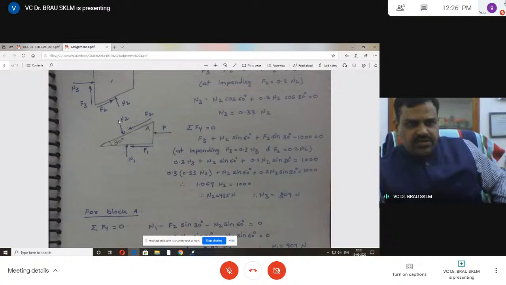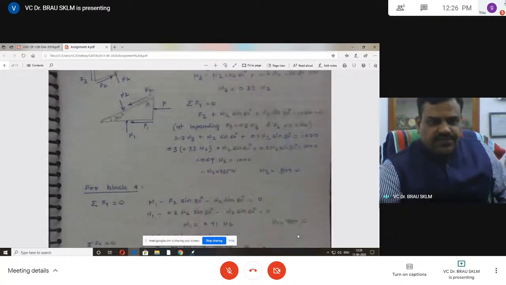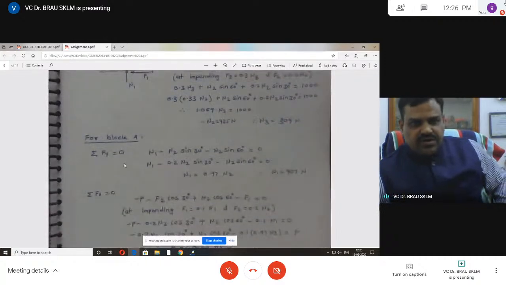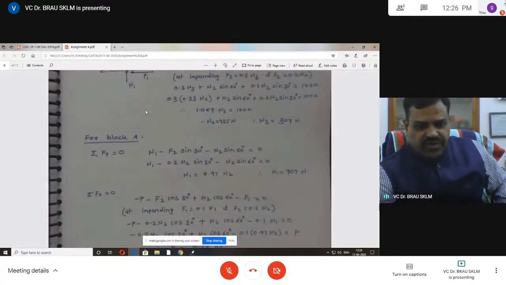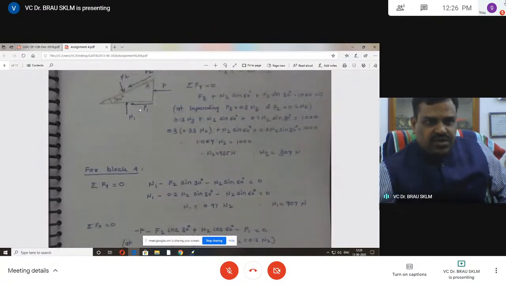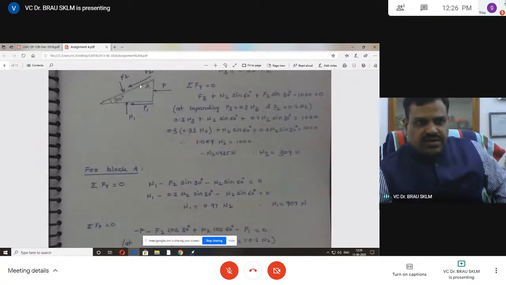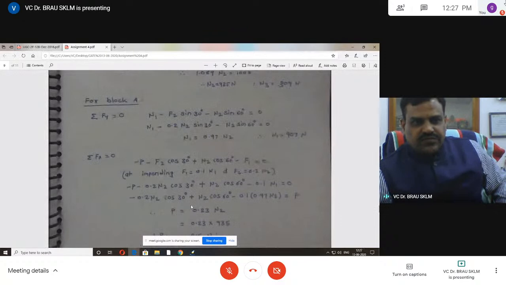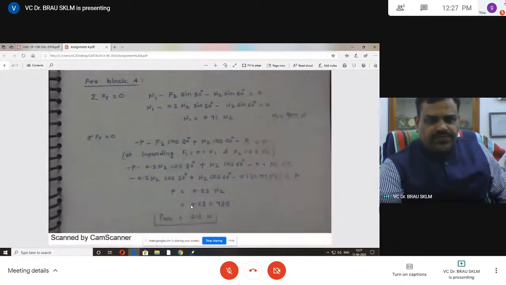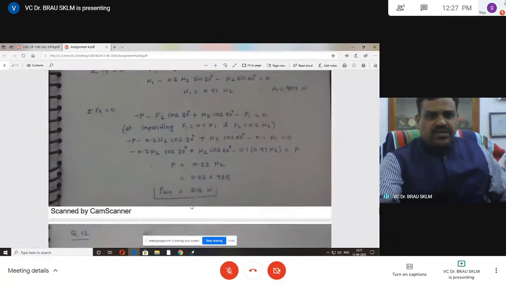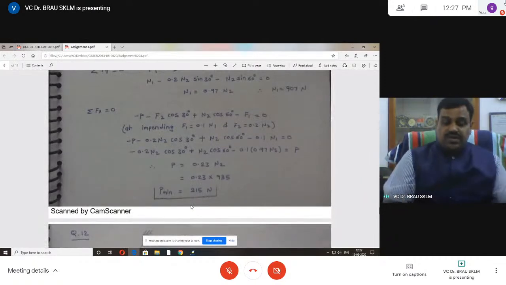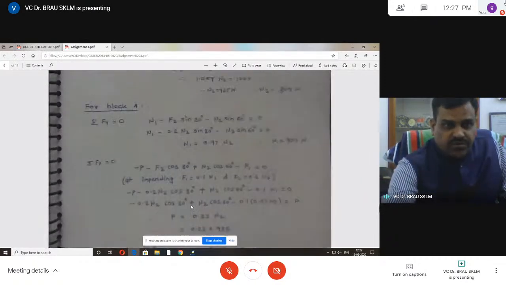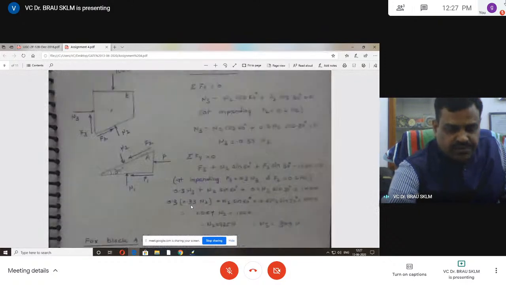N2 also you can resolve. This is the value you can consider. From that Ny is N2, then Fx for block A is, this is one component, this is the second component, this is the third and fourth. 4 components are coming into the picture. See, these are the 4 components. From this, find out the value of P. That is the minimum force which we have to apply. Similarly, the last problem, one more problem we'll try to solve here.